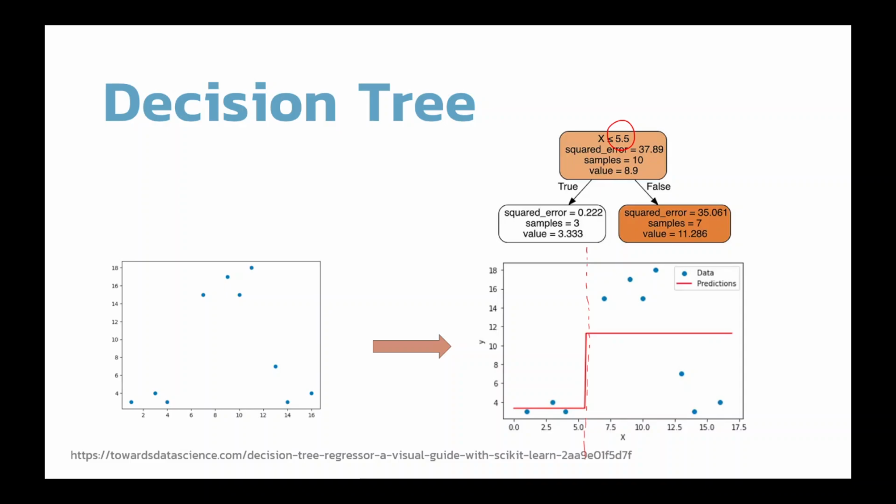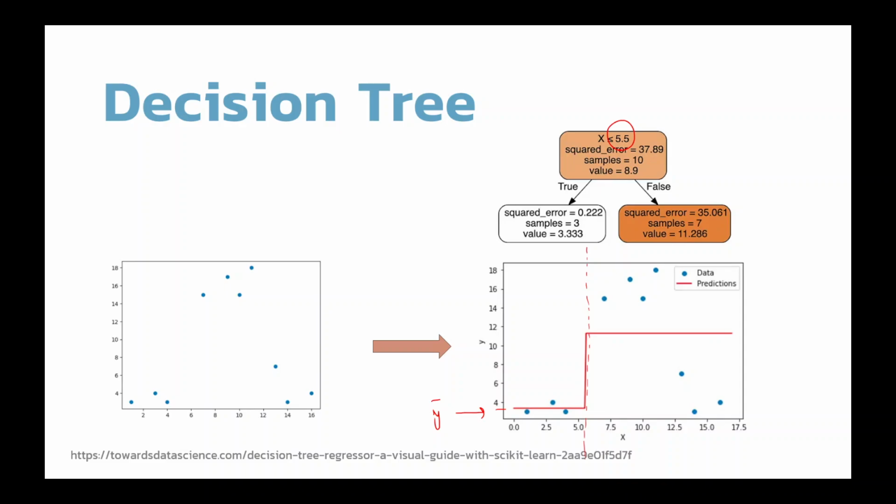Okay, and for the value that it is predicting, if x is smaller than 5.5, what it's going to do is take the values of the points to the left of that split and then calculate the mean of them. So the mean of those 3 points is probably going to be this value right here. The mean value is a mean in the y-axis. That's how it's predicting the value.